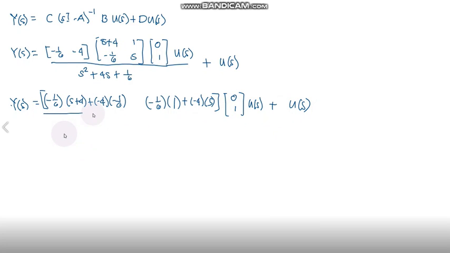And then simplifying further, this will now be equivalent to, actually, if we multiply this matrix with this, this element times 0 will be 0 already. Okay?